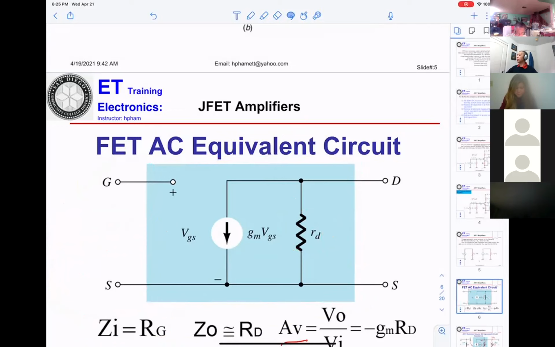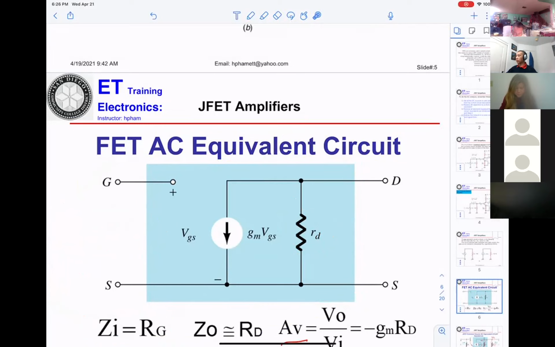Now this is what they draw, you see the dark part in here. That means inside the JFET, you couldn't do anything.